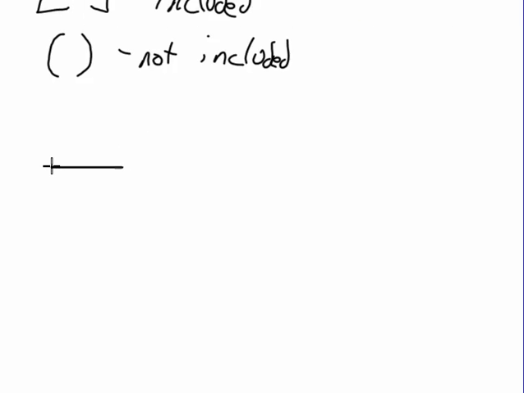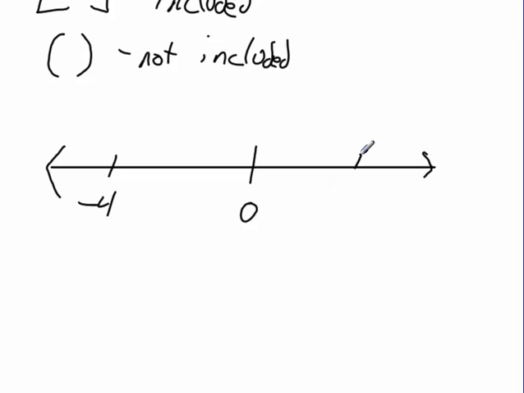If I want to describe all of the numbers on a number line, let's just pick a random number. Let's say -4 and 8. So I want to say all of the real numbers between -4 and 8.